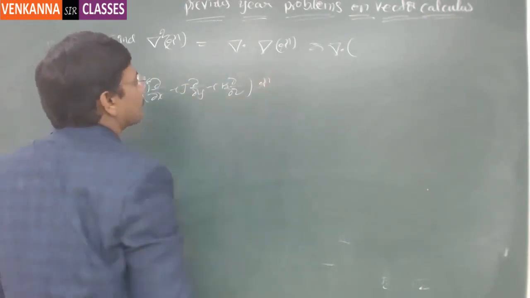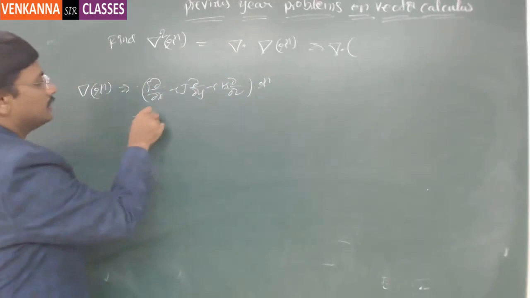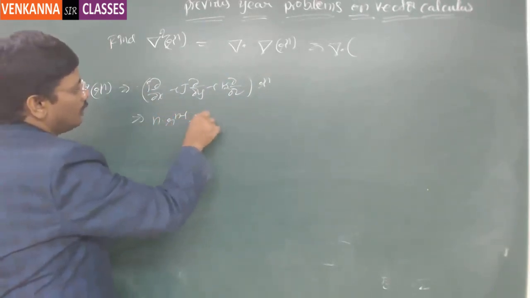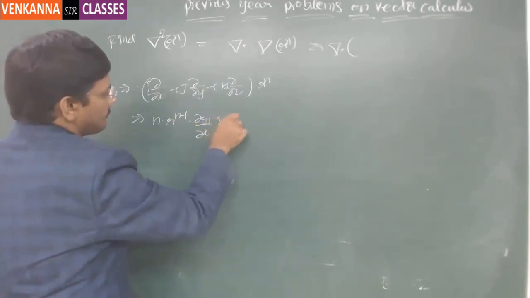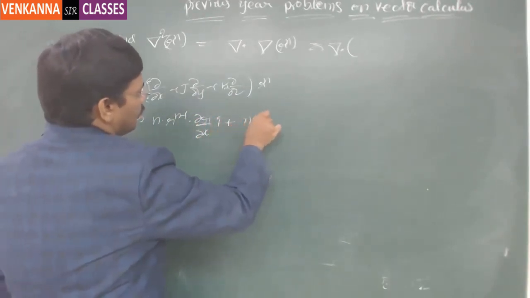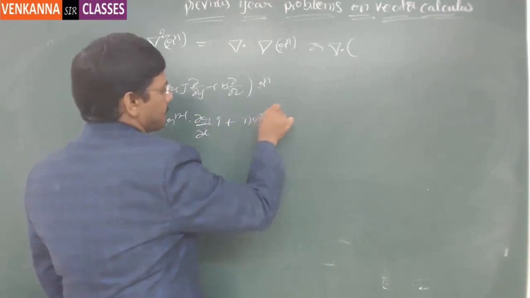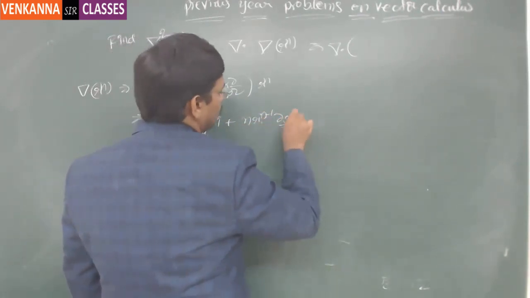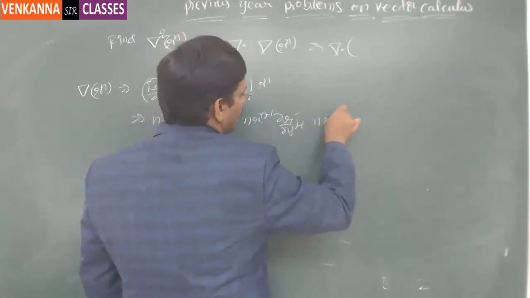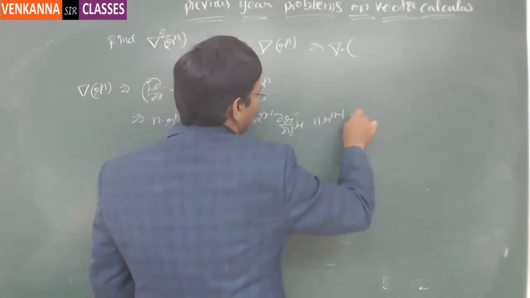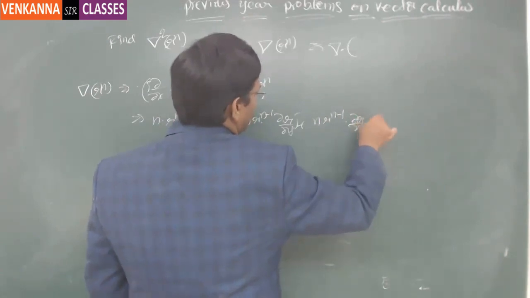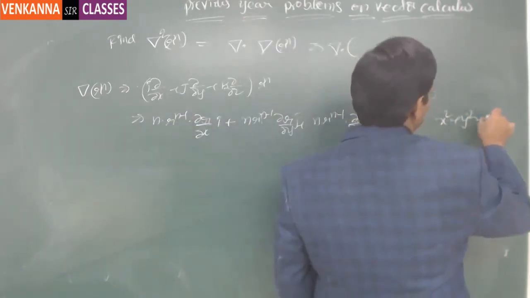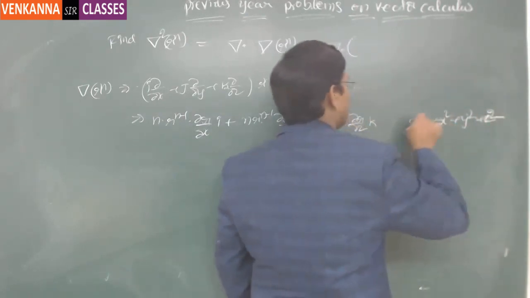Now if you operate this, this is going to be n r power n minus 1 ∂r/∂x times i, plus n r power n minus 1 ∂r/∂y times j, plus n r power n minus 1 ∂r/∂z times k. But the standard relation of r is x square plus y square plus z square is equal to r square.